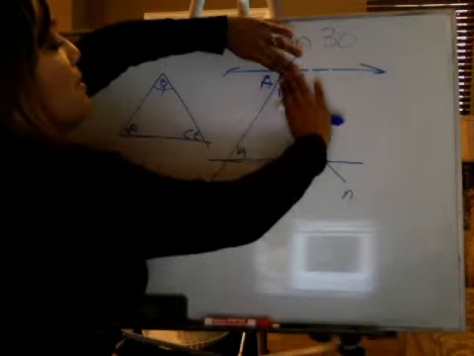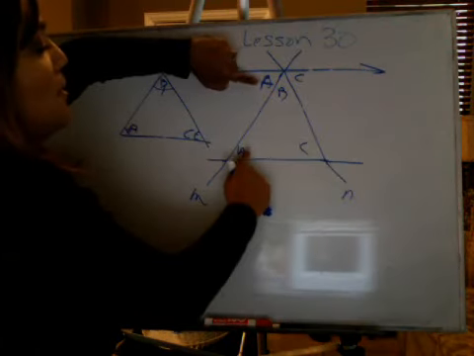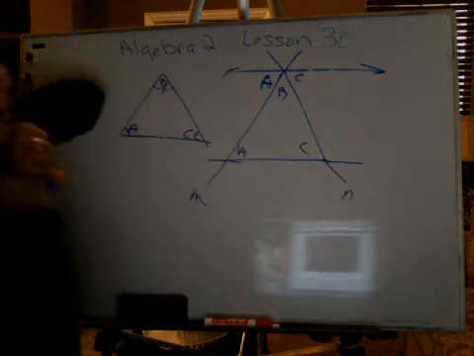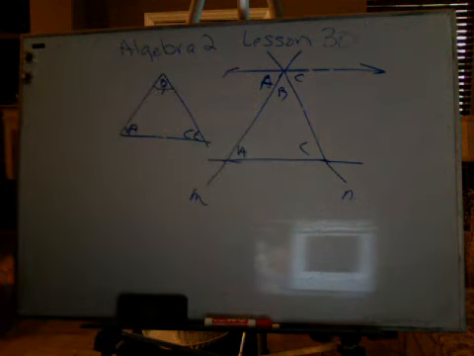If you ignore this one, aren't these alternate interior angles? Yes. If you look at this one, these two are alternate interior angles, so those two are equal, formed by the parallel lines and the transversal N.